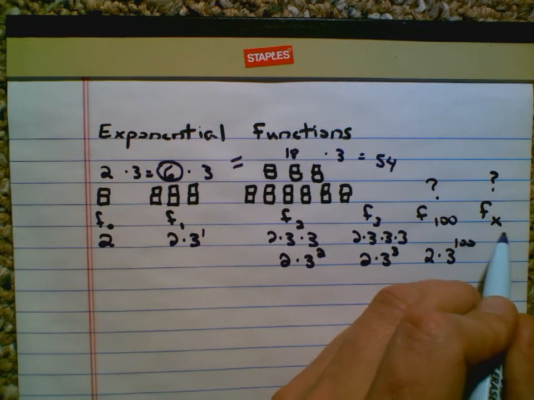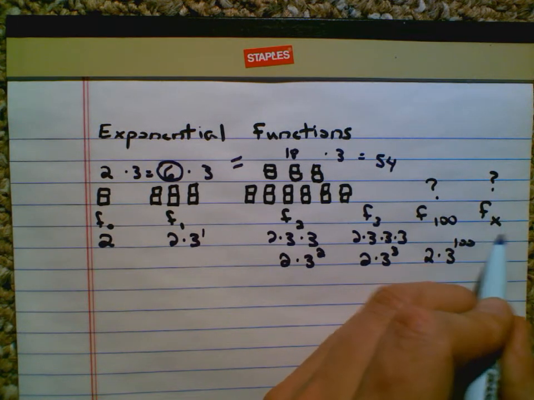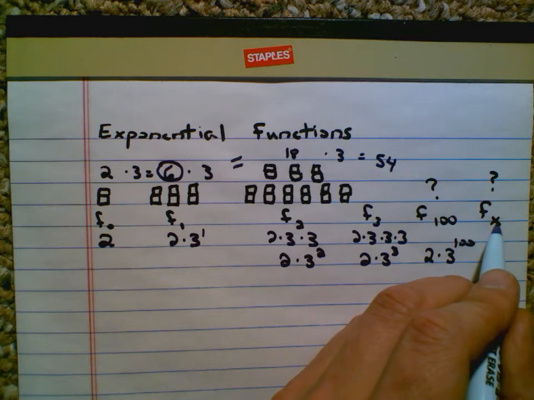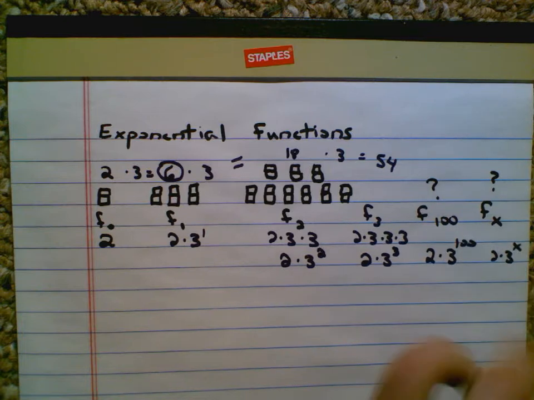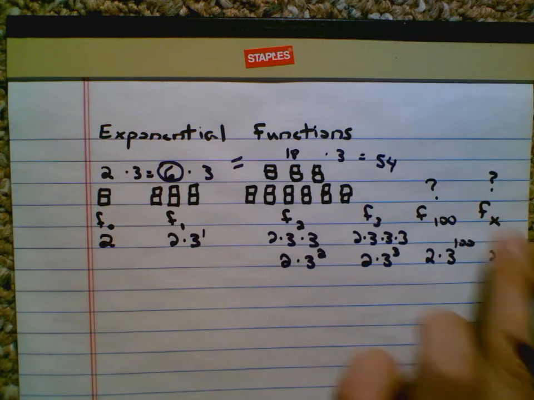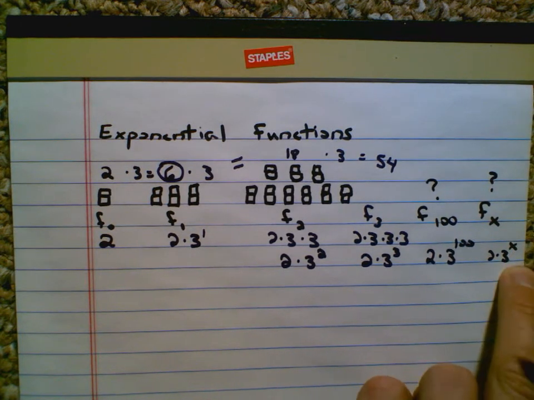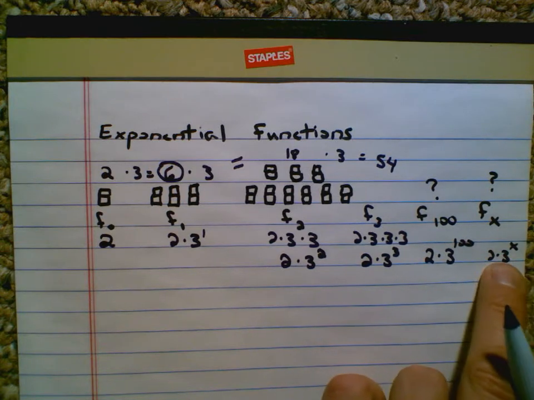And likewise, if I wanted to know how many boxes were going to be in any figure, I just replace the 100 with an x. So it'd be 2 times 3 to the x. If I want to know any figure, I can just plug that number in as my exponent on the 3, and it'll tell me how many boxes there are.